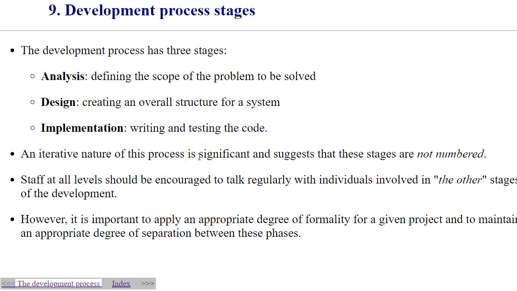Development stages include analysis, design, and implementation, but notice that in this bulleted list there are no numbers. It's not numbered. Basically, that means that these stages highly intersect and are highly iterative. So the design is the creation of a structure of the system, so that we understand what classes we'd like to have in place.